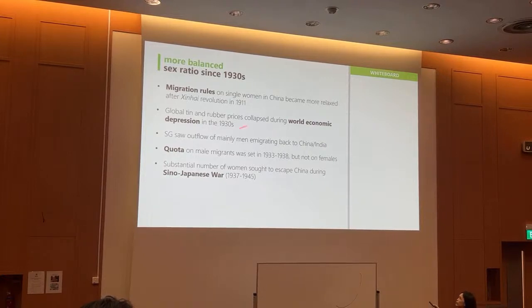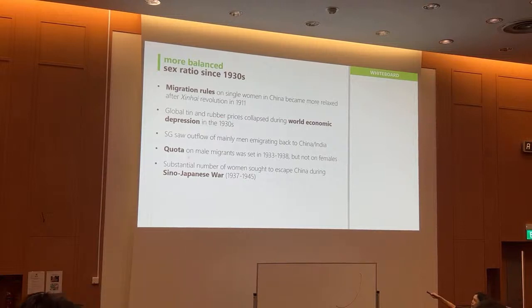At the same time, during this period, there was a global economic downturn due to the Great Depression, etc. So you have some of the males leaving Singapore due to fewer job opportunities, or they want to go home for some other reasons.